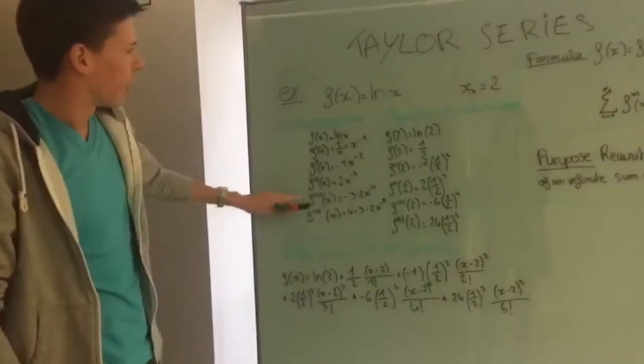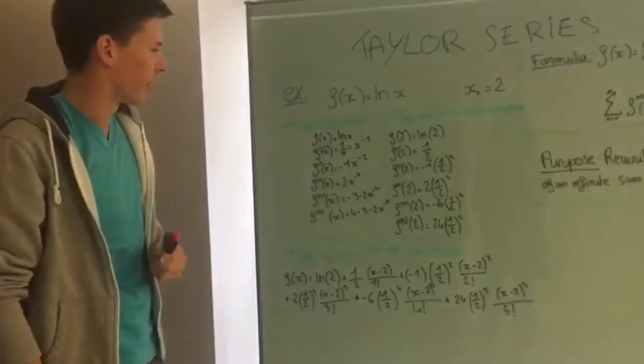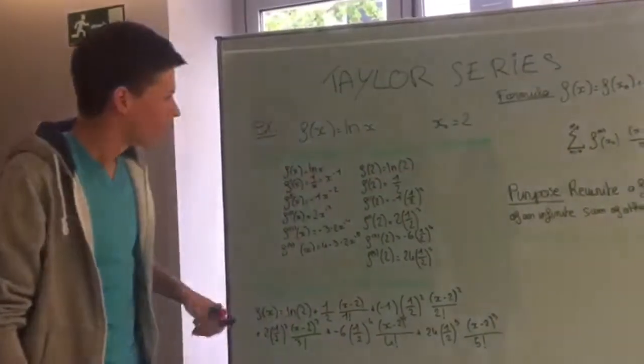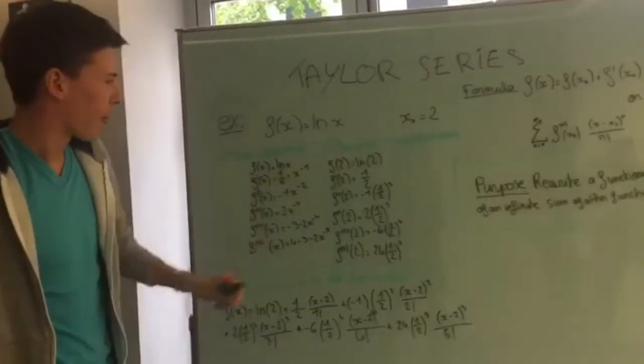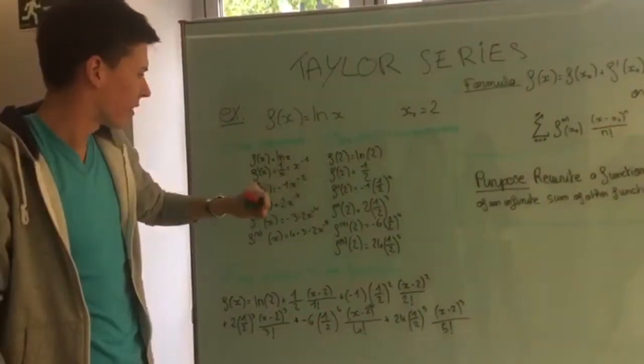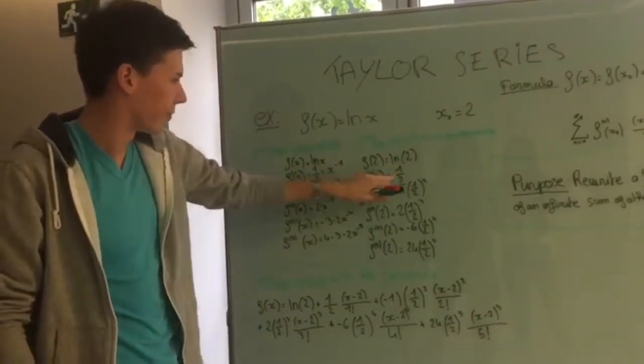After having differentiated the actual equation, f of x equals ln of x, we plug in our value, which is 2. So we plug in 2 into f of x and get ln of 2. We plug in 2 into the first derivative of f of x and get a half.